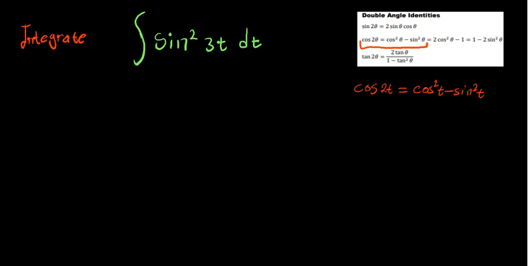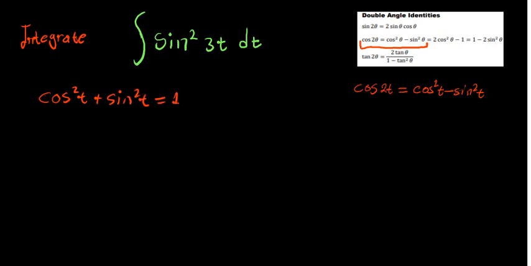So how do we then do it? We might need the help of one of the Pythagorean identities, which is cos squared t plus sine squared t is equal to 1.